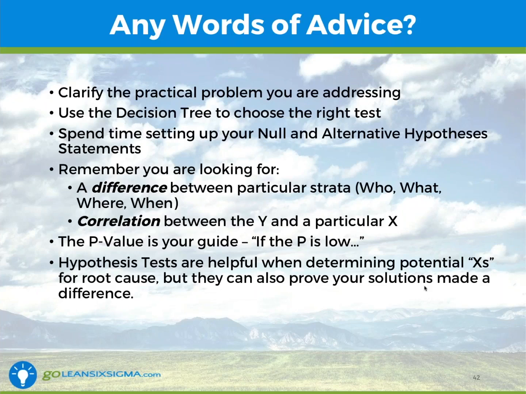Remember, you're looking for difference and or correlation, right? Difference between different people, different places, different units, different times, before and after, things like that. Correlation, as X changes, the Y changes, right? Either up or down. P-value is your guide. If the P is low, the null must go.